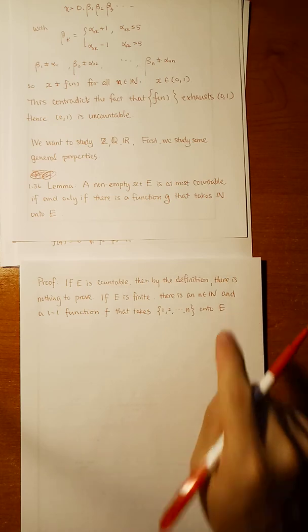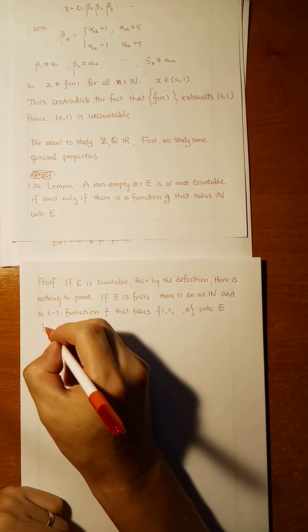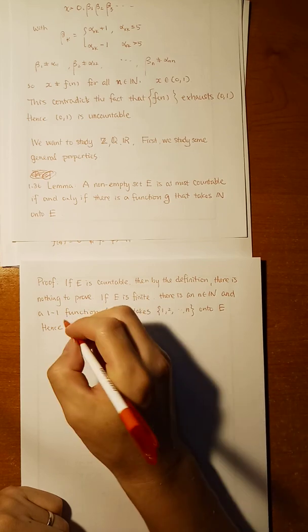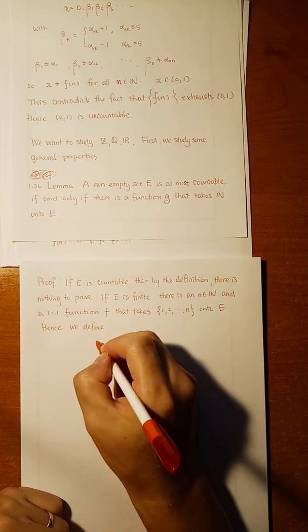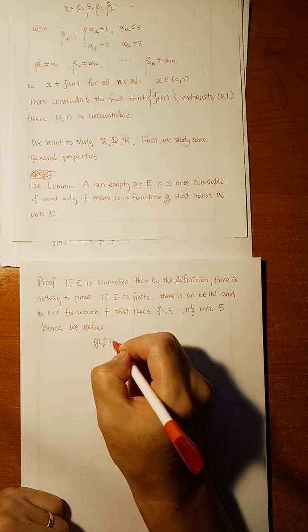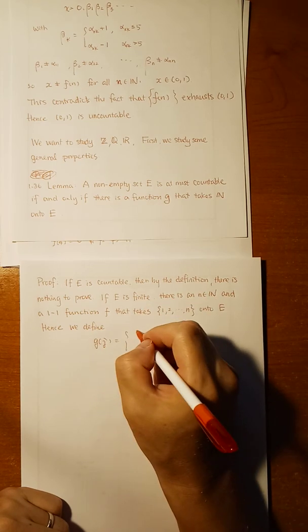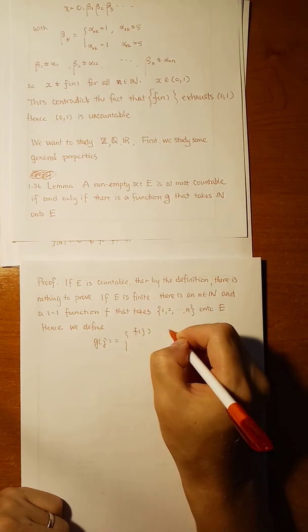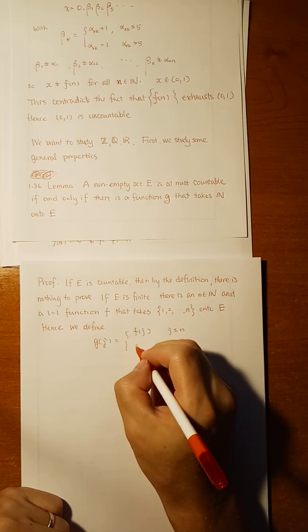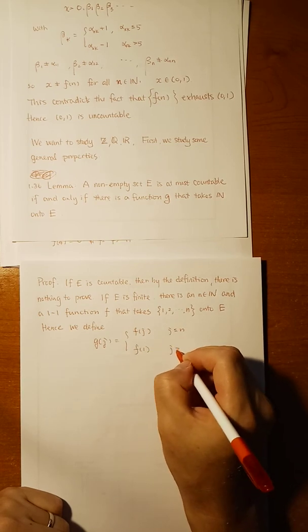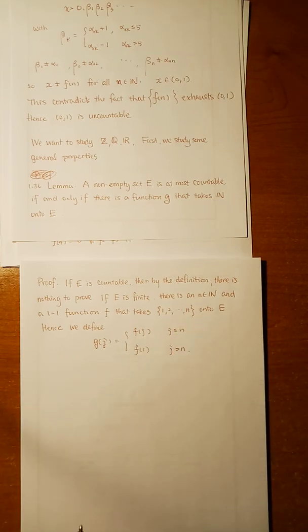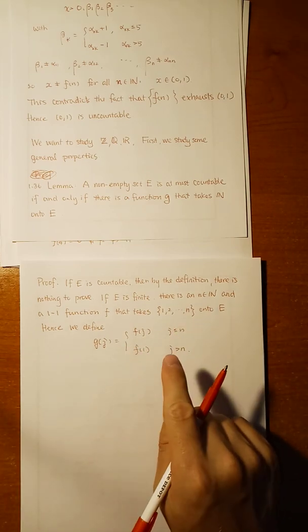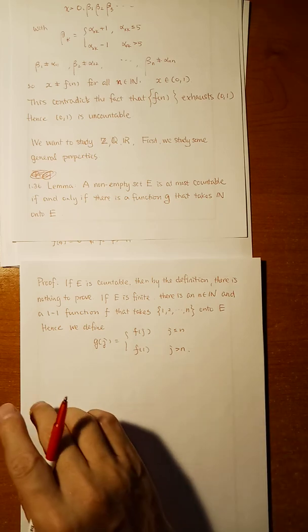That's the definition, and the important thing is that it is onto E. We actually use this. And then we define g of j to be either f of j if j is less than or equal to n, or f of 1 if j is greater than n. So for the first n indices, we use f. After n indices, we just use the first value.